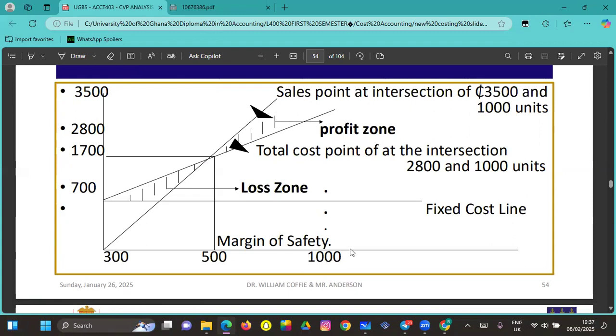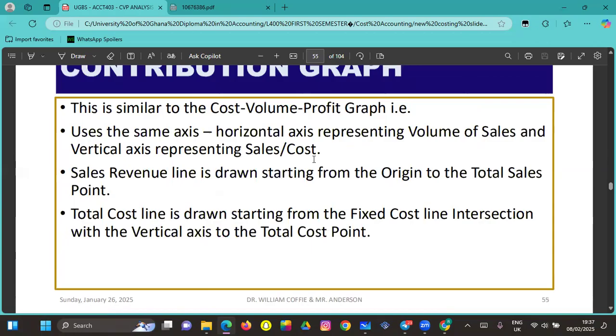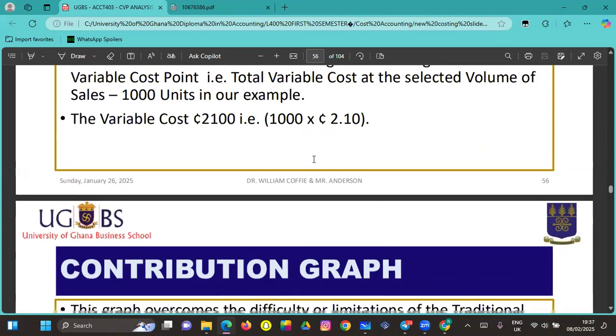Margin of safety is the difference between the output units and the break-even units, right? So units will be horizontal, and revenue will be vertical, right? So that's the same thing here.